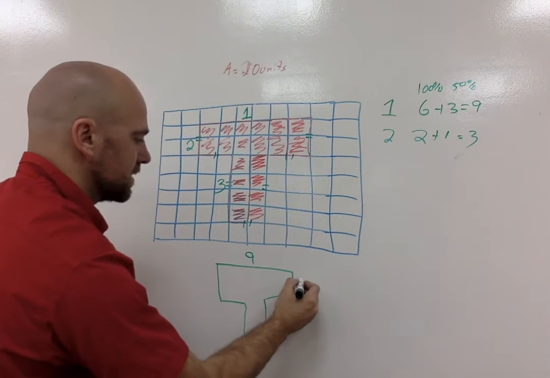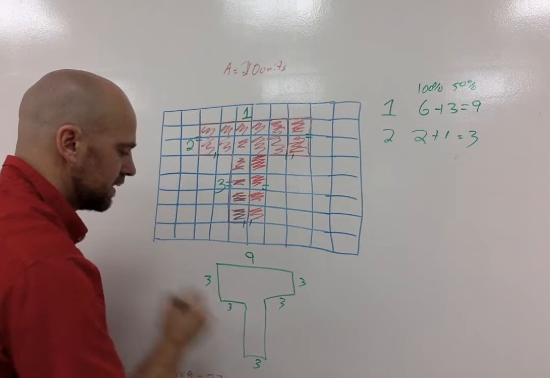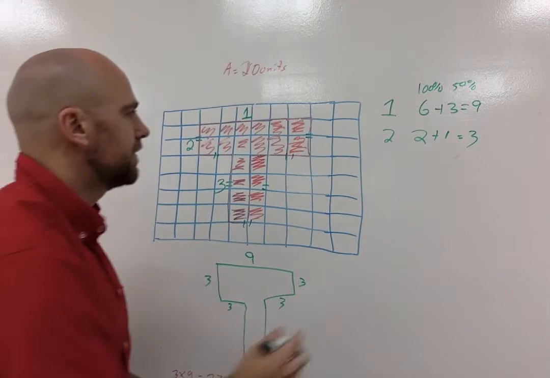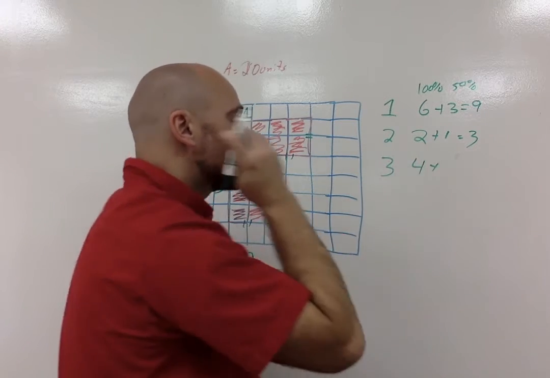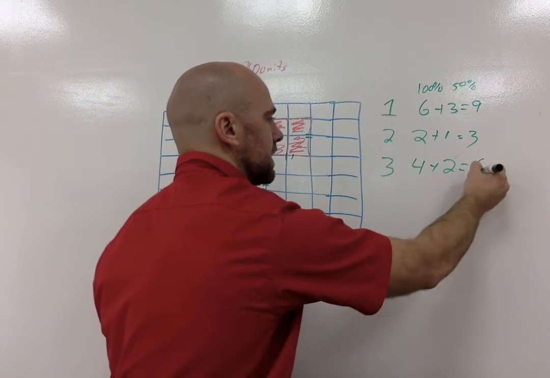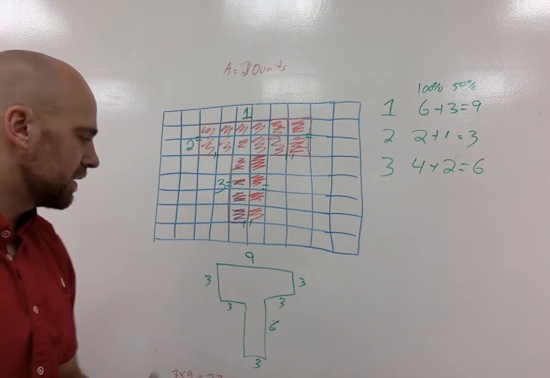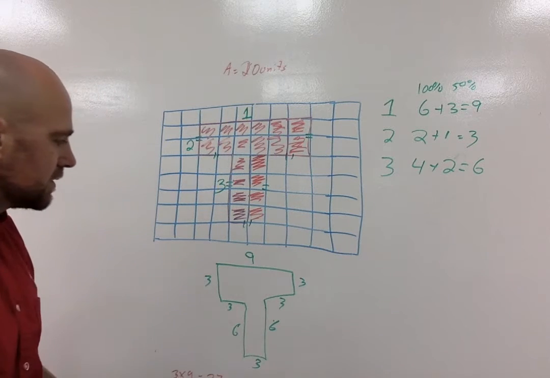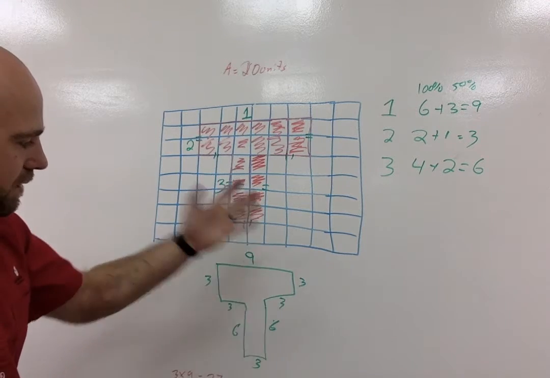My distances for 3 are going to be here, here, here, here, and here. For line segment number 3, I have a distance of 4, plus half of 4, which is 2. So this gives me 6. I'm going to have a distance of 6 down here on both sides. Does that make sense? This whole length is 9, and then I've got 3, 3, and 3, which is 9.